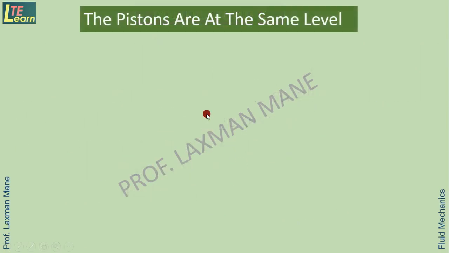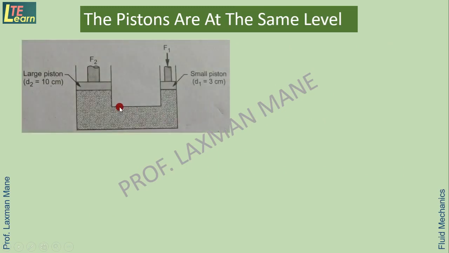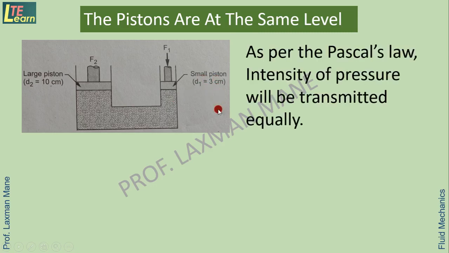First case, when the pistons are at the same level. In this diagram, on the left side, the larger piston is of 10 cm diameter. On the right-hand side, the small piston is of diameter 3 cm.